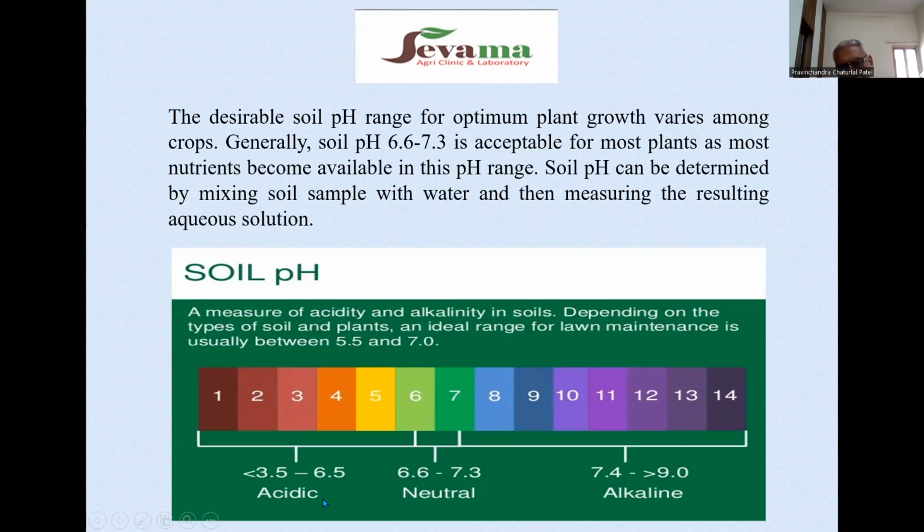In acidic soil there is dominance of iron, aluminum, and manganese, and other nutrients are not available to the plant. So for the reclamation of acidic soil, we have to use lime to increase the soil pH, whereas in alkaline saline soil, we have to use gypsum.